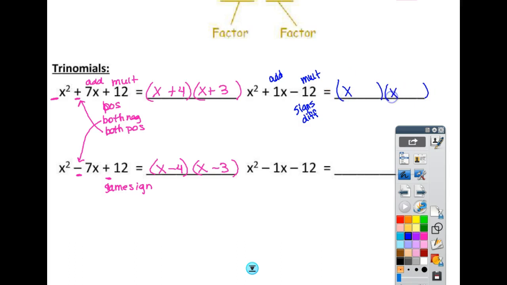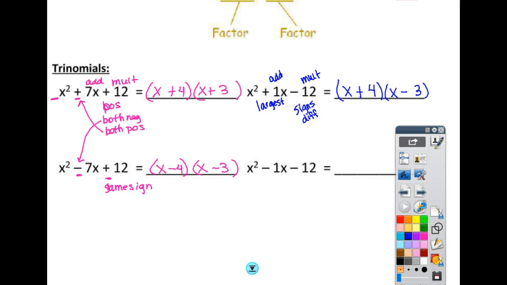So what multiplies to 12 that has a difference of 1? 4 and 3, okay? Then you've got to get the signs right. The largest number of the two numbers you picked will get that sign. So 4 is larger than 3, so it gets that sign.